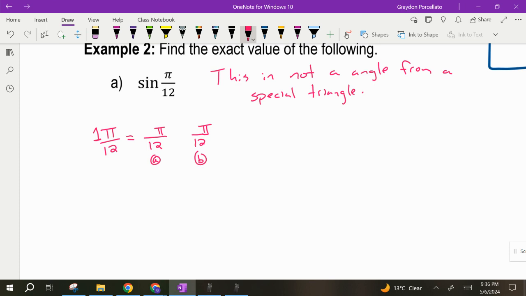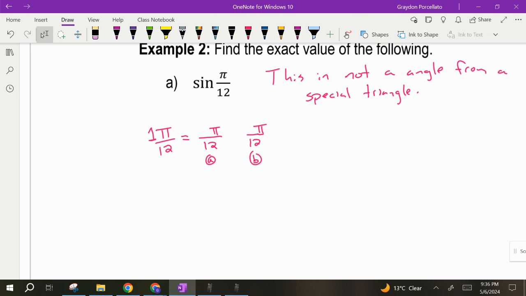And this is where it becomes really important. We want those angles to be either pi over 6, because that's in a special triangle, pi over 3, because that's in a special triangle, or pi over 4, because that is an angle from a special triangle.